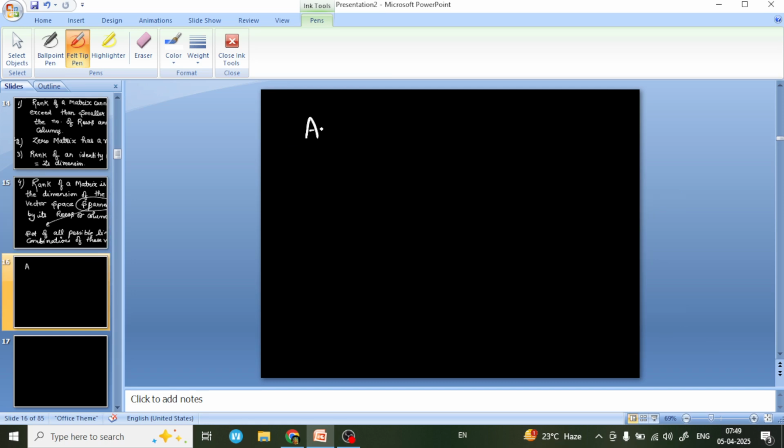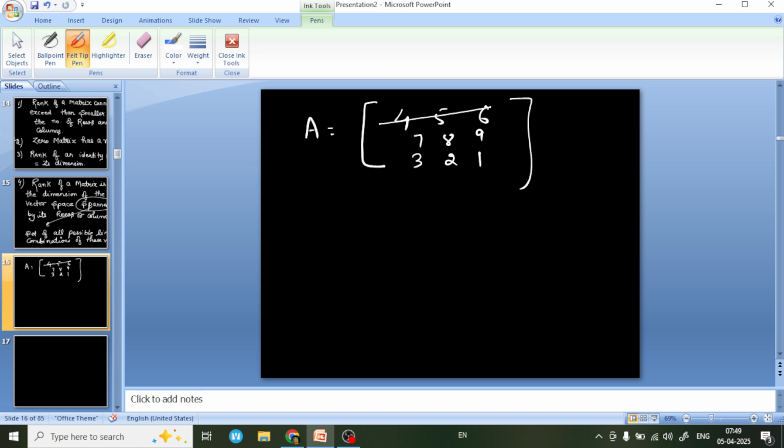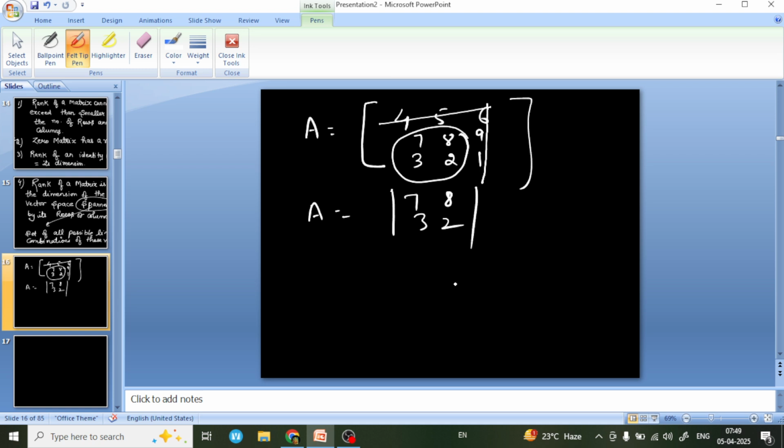For example, you have given 4, 5, 6, 7, 8, 9, 3, 2, 1. I delete the first row and this column, and I find this submatrix A equal to 7, 8, 3, 2. This is a submatrix. The given matrix is of 3 by 3 order. Now you have found a submatrix of 2 by 2 order.